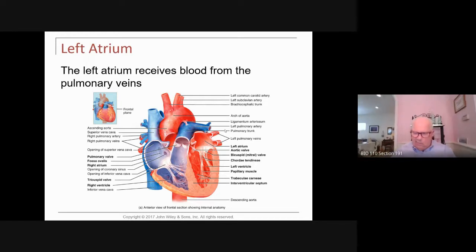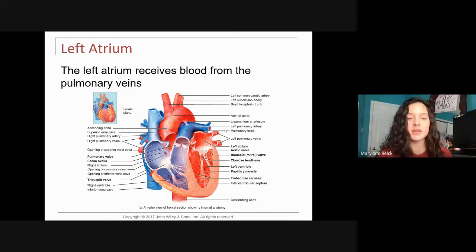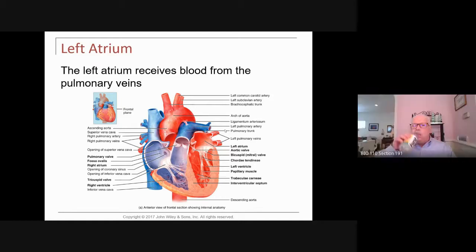Everybody got that? Is that why veins are blue? That's the reason. So the anomaly here is that the pulmonary veins in an adult male are the only veins that carry oxygen.